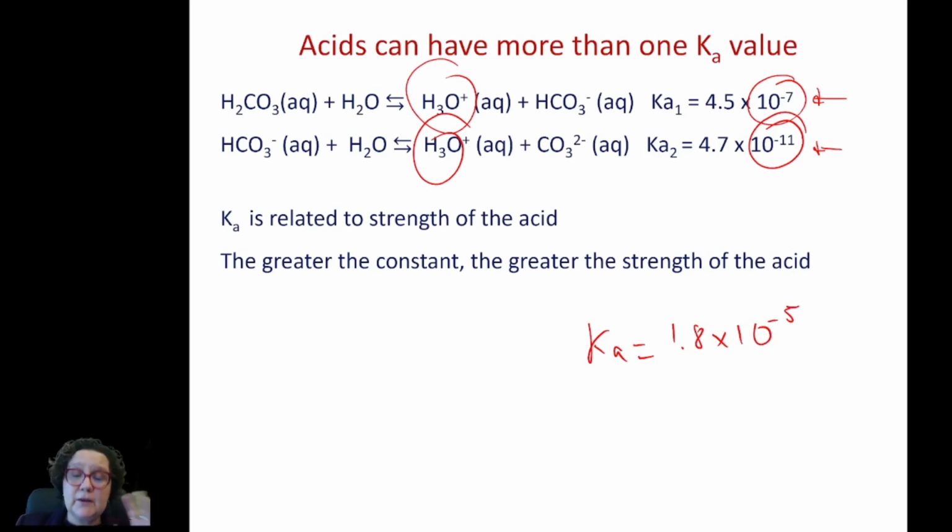So as you can see, carbonic acid is quite a weak acid among weak acids, and the second acidity constant is really, really tiny compared with an average normal weak acid.